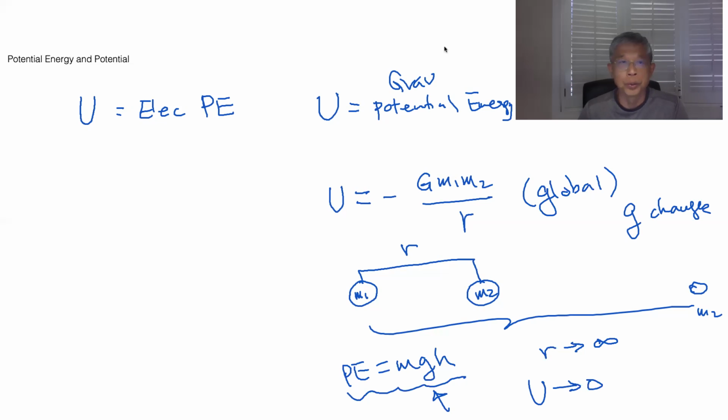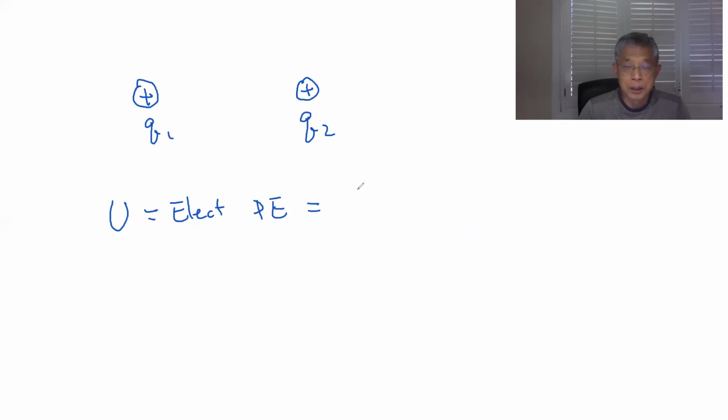And let's move on to the electrical case. In the electrical case, if you have a plus and another plus, for example, so if you have Q1 and then Q2, the U is electric potential energy. It's defined as K, Coulomb's constant, K Q1 Q2 divided by R. And notice that there's no minus sign there, so you do have to plug in the plus and minus signs.